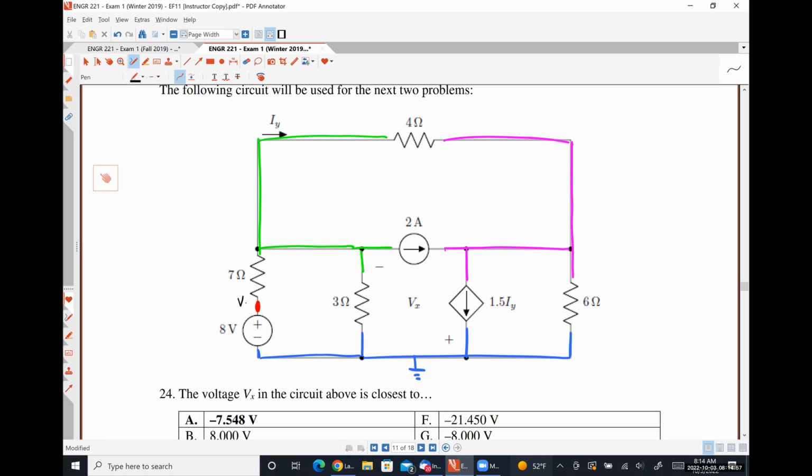I'm going to call this voltage VA, VB, and VC like so. So the first thing that I am going to do is express my controlling variables in terms of my nodal voltages. So I could say that IY is equal to VB minus VC over 4 ohms.